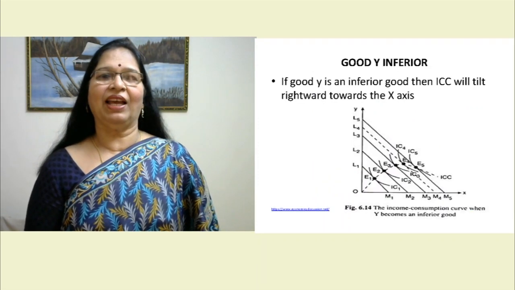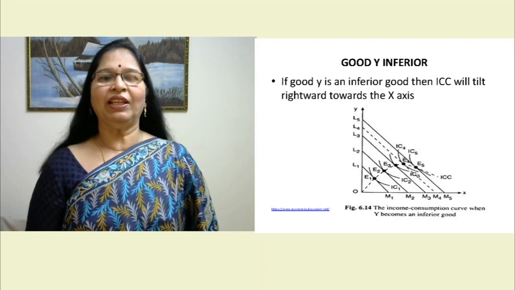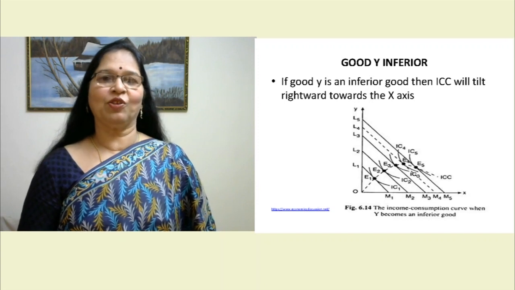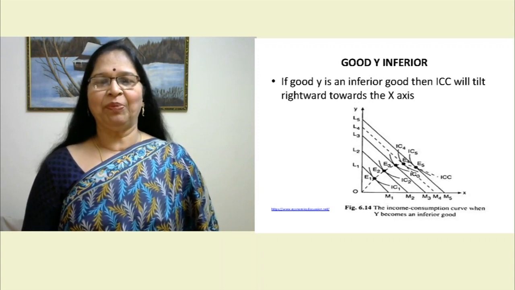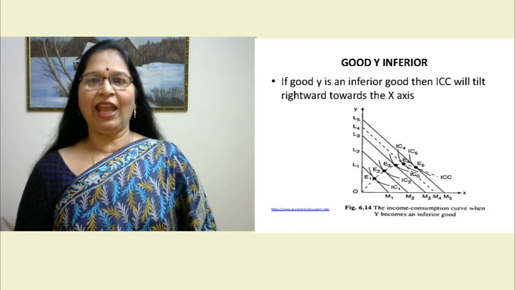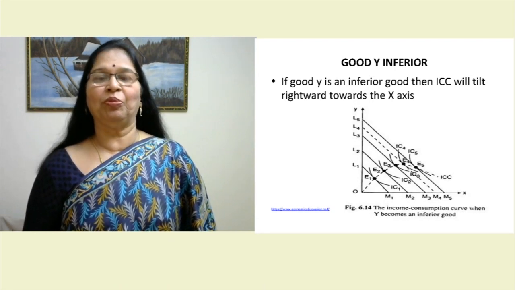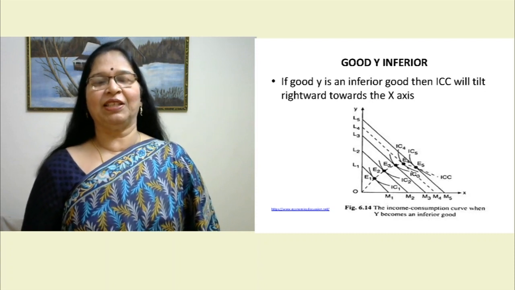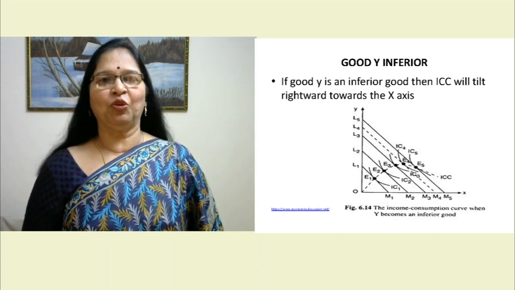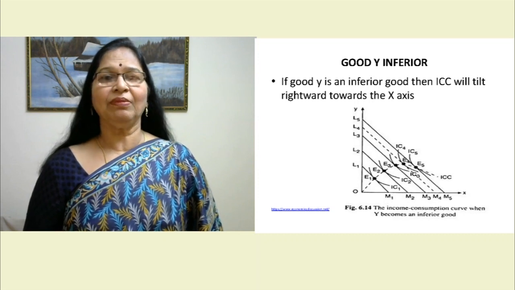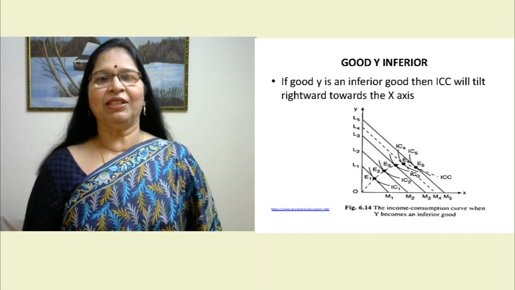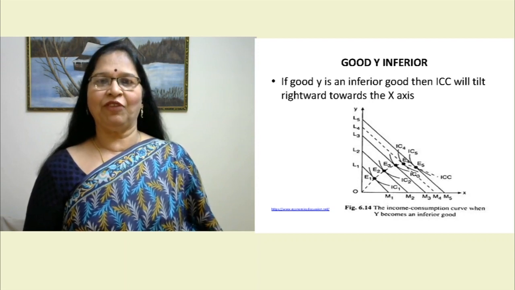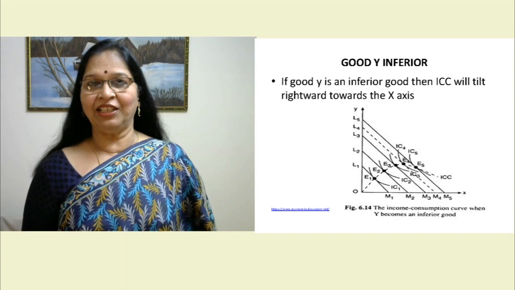When Y is an inferior good, you find that the consumer is buying less and less of commodity Y and purchasing more of commodity X because he can afford to buy something better, and he can naturally reduce the consumption of the inferior good, which was commodity Y. In which case, the income consumption curve will move to the right, indicating that Y is an inferior good and X is a normal good.